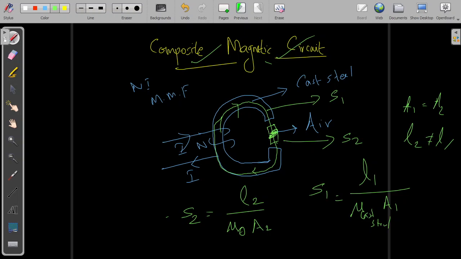So the net reluctance, S total or S effective, will be equal to S1 plus S2.